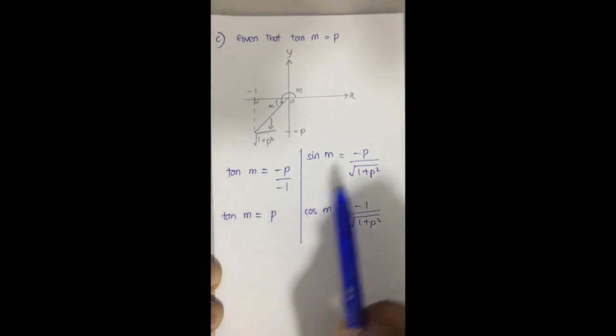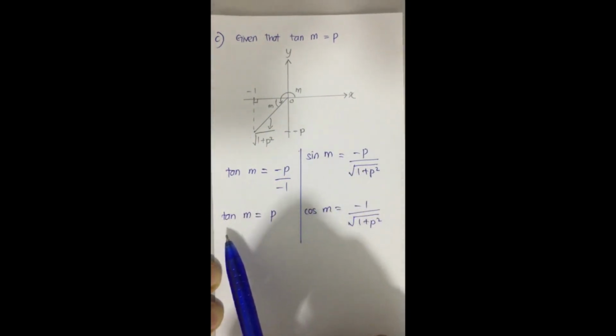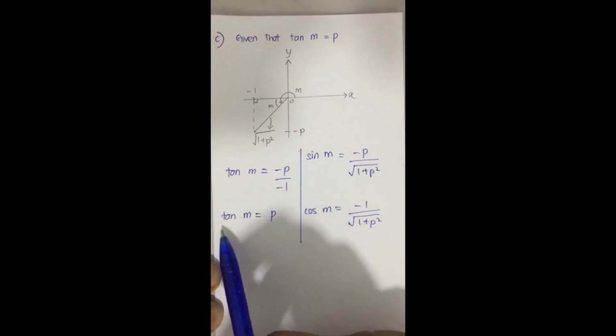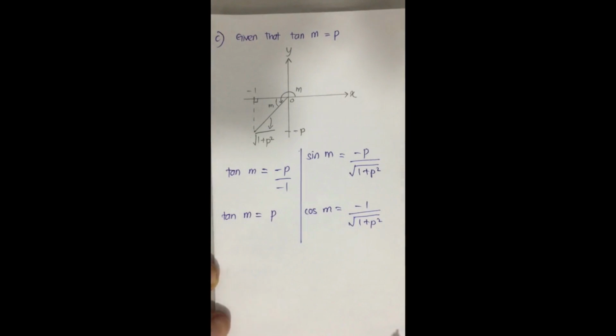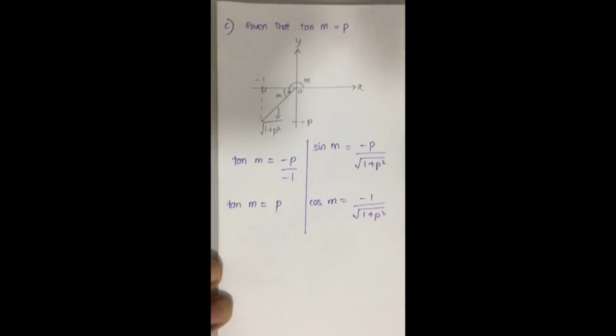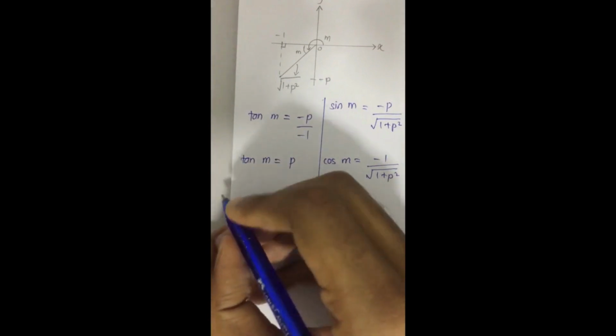You can straight away find the basic trigonometric identities, which in this case are tangent, sine and cosine. For the next step, since the question asks us to express cos in a bracket pi over 3 minus m, we're going to use the compound angle formula.